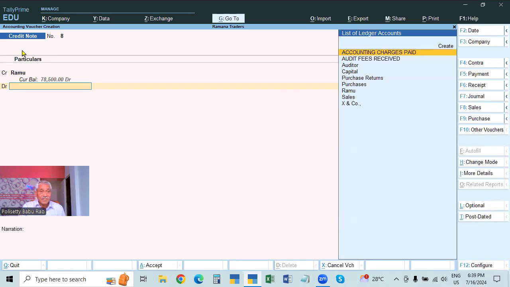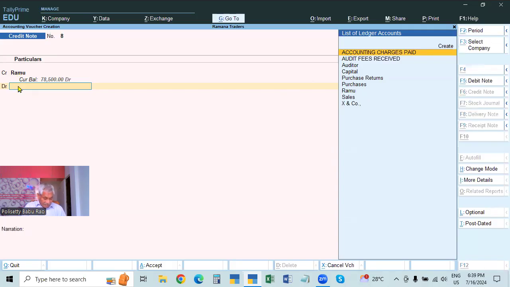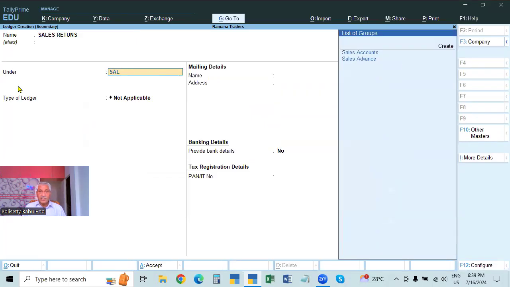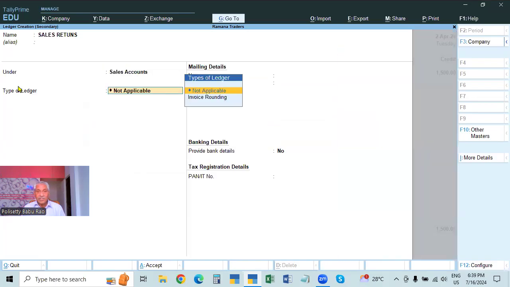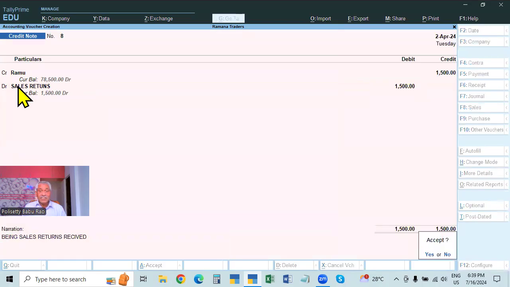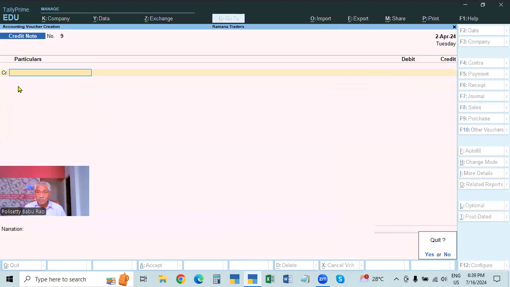It is not sales. Ramu is the giver; we are getting sales returns. So we have to create sales returns, which is also under sales account. Under sales account, then come down and accept. Here also 1500, and here being sales returns received, purchase returns sent, sales returns received. Okay?